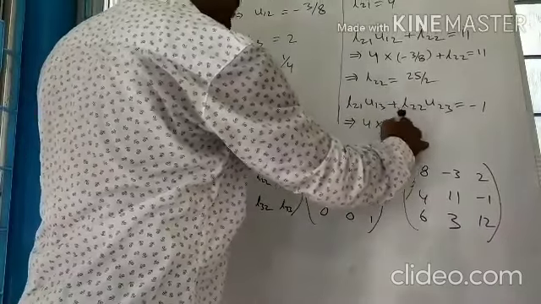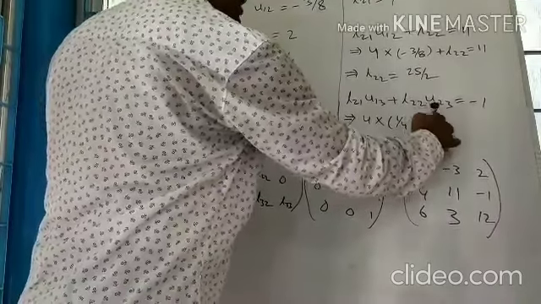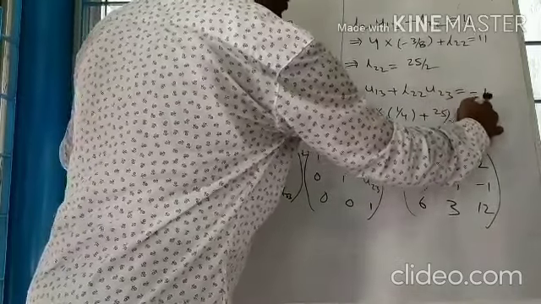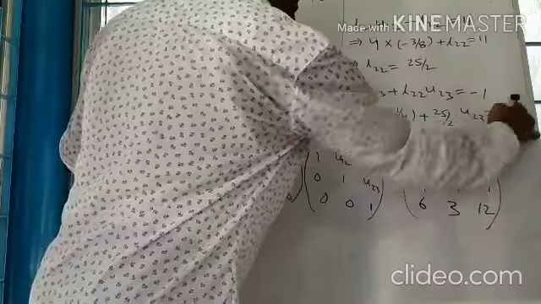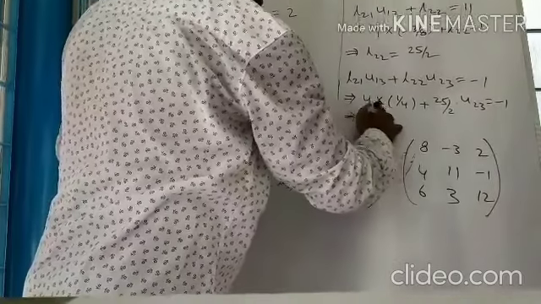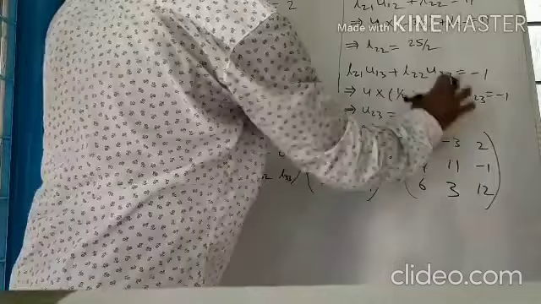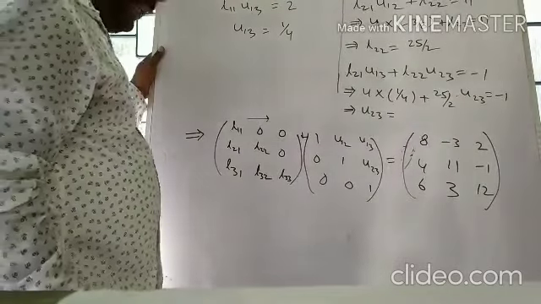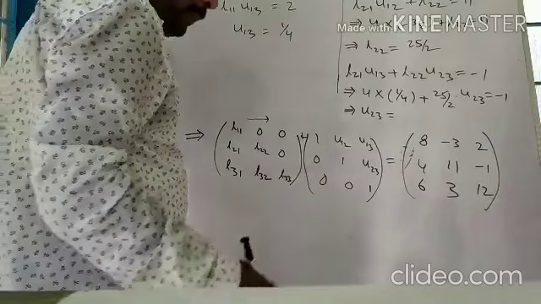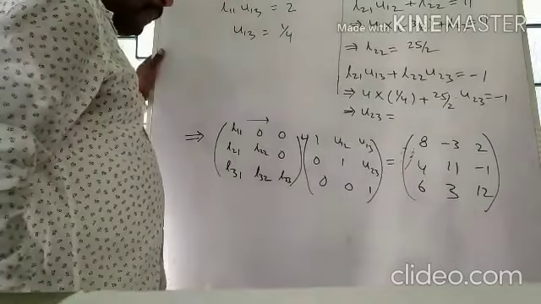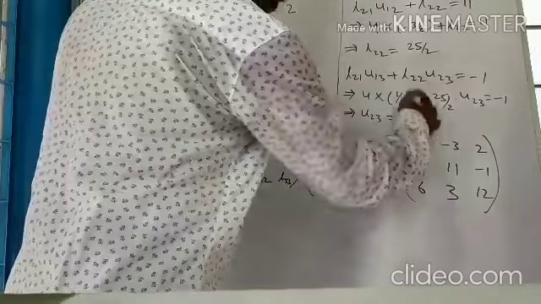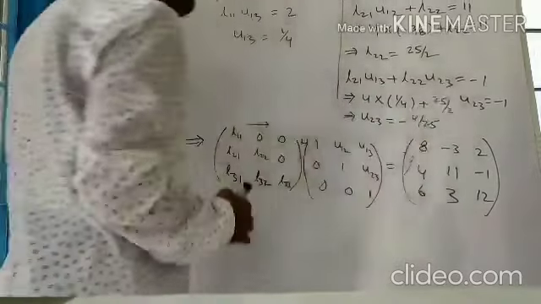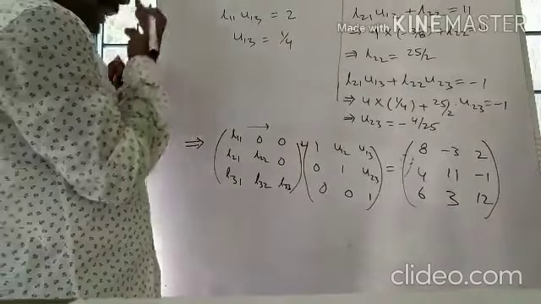U13 is 1 by 4 plus L22, L22 is 25 by 2 into U23 equals minus 1. So, just simplify, U23 is minus 4 by 25.